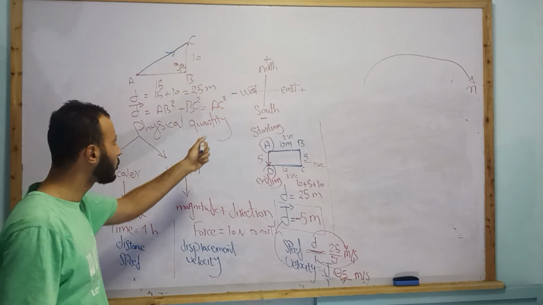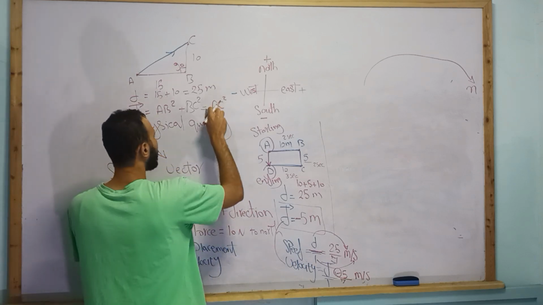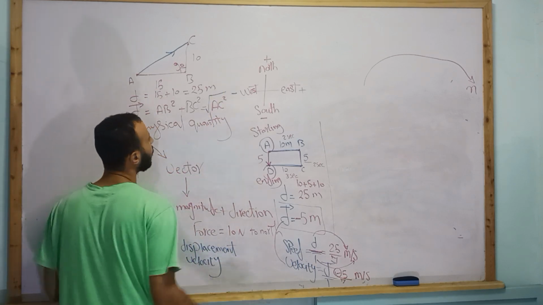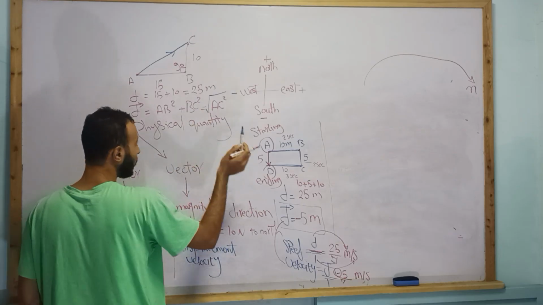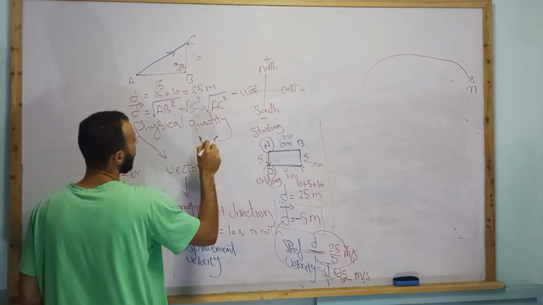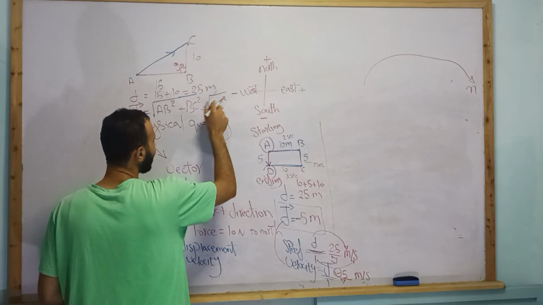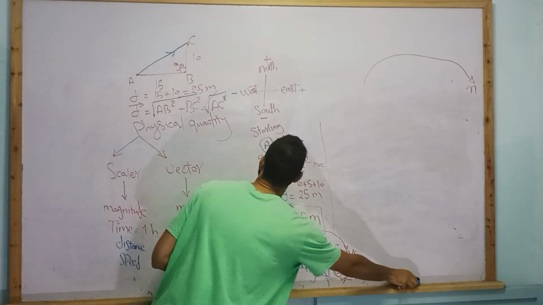Mister, but I don't want AC squared. Okay, you can put the root to remove this square. But you can't only put the root here, you have to put the root here and here, and the root with the square cancel each other. So it will be like this.